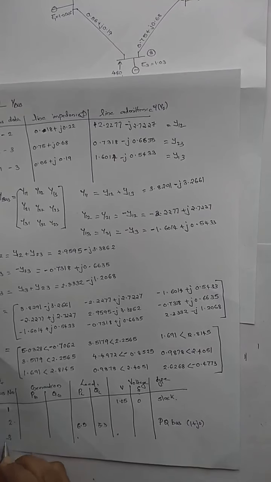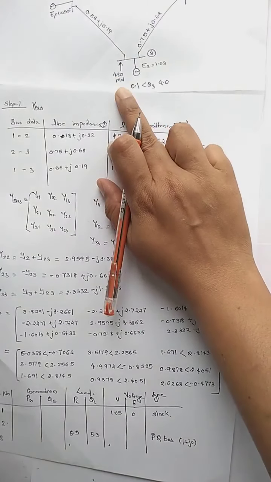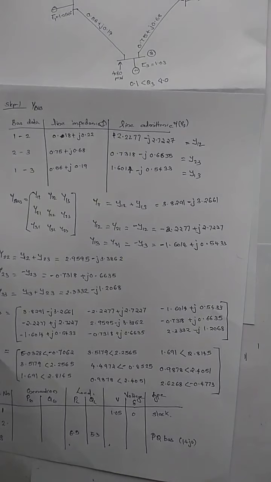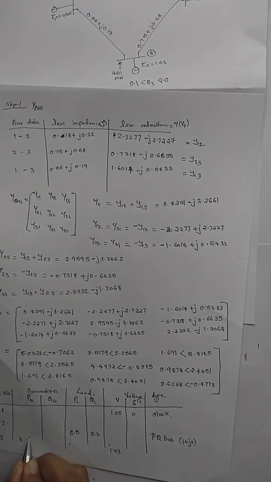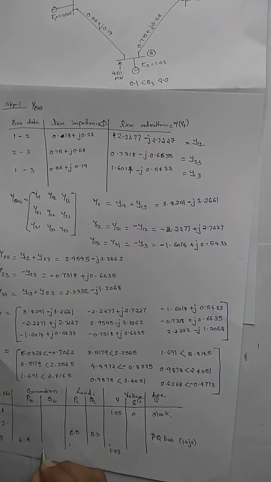And next is my third bus. In the third bus they have given power and voltage value. The voltage value they have given is 1.03, and power is generated power, so it is 480 divided by 100, that is 4.8. And they have given the reactive power limit, so I am adding my reactive power limit here in MVAR, in per unit value.